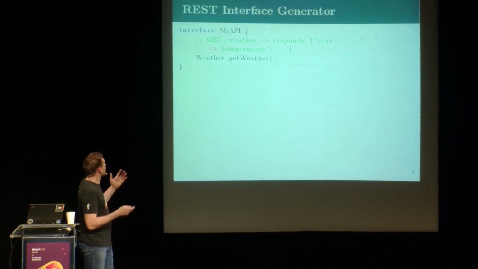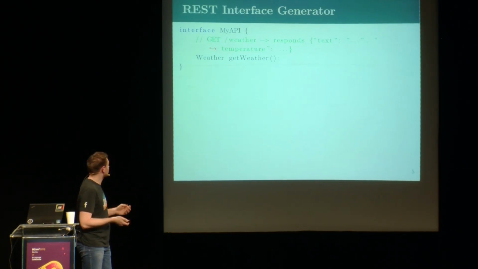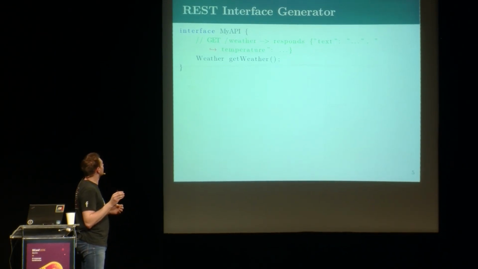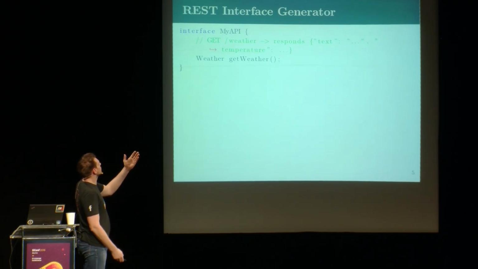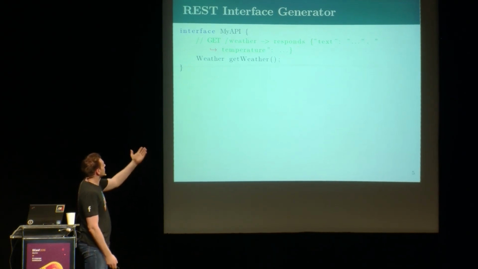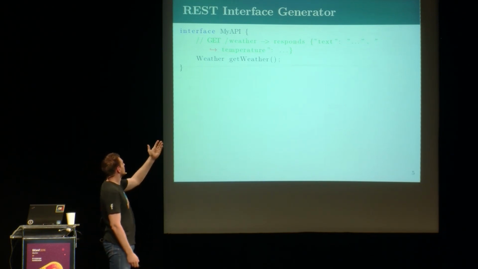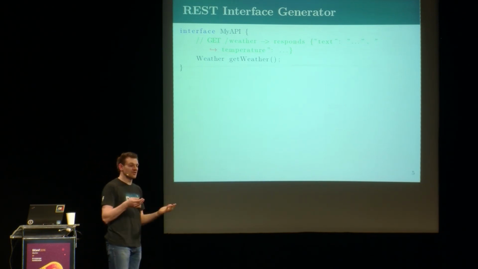So I have this awesome API, which I defined in an interface, which gives me the weather. And the function definition, you can't see my laser pointer, awesome, is that there's a URL which you can do a GET request on, which is called weather, and you get a JSON response with the text and the temperature, and there are some values inside.